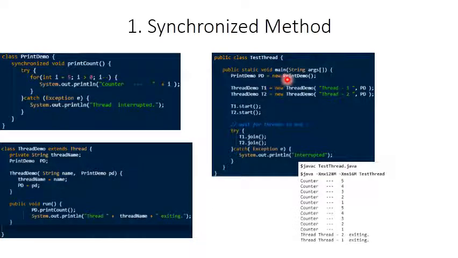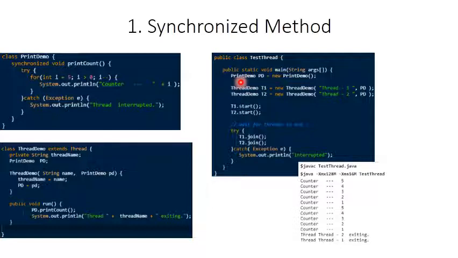So when we call this method, it's actually the run method that gets executed. And inside the run method, what we have done? We have called the printCount method. So what's the purpose of PD here? We need PD to call the method printCount, because PD is the object of class PrintDemo. Without using the object of a class, we cannot call a method.